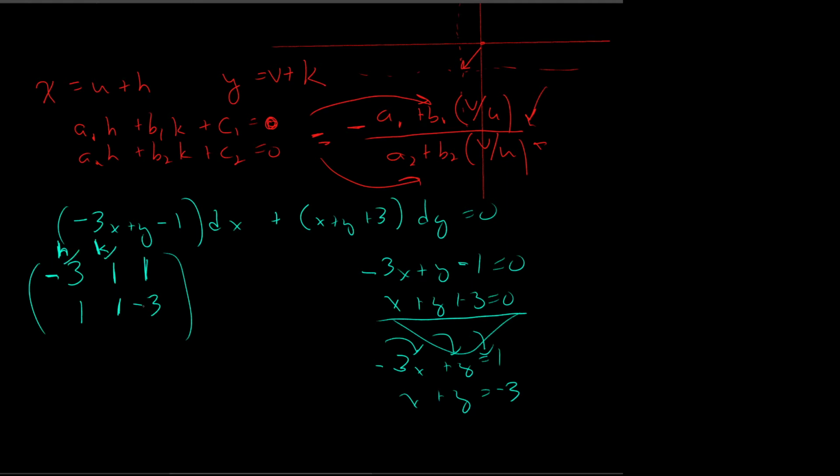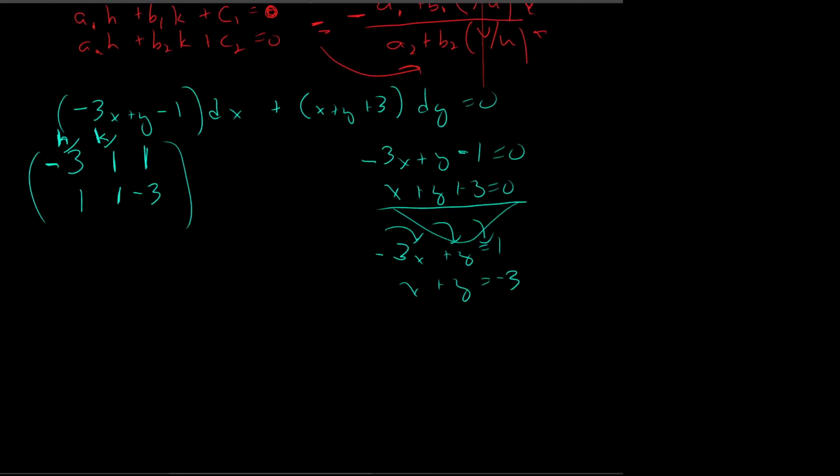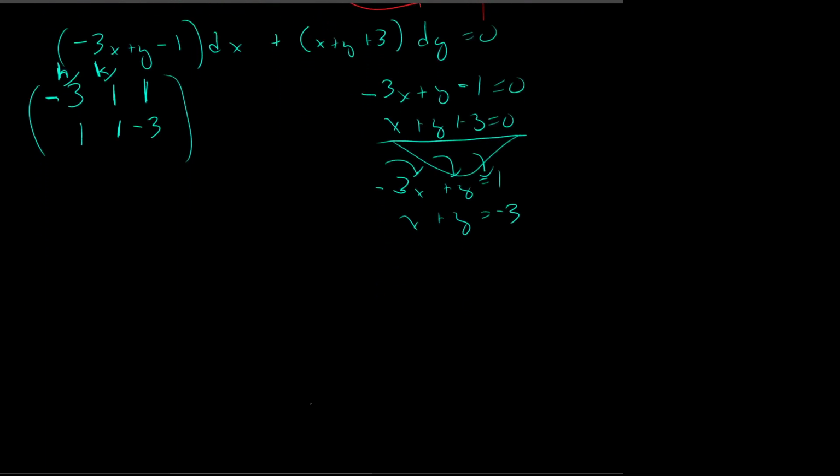And so h and k come through the linear system. Now I could solve this linear system through elimination or other means, but linear algebra is taught in college algebra and high school algebra for a reason, and that reason is it gets us through these systems rather quickly. So I'm going to swap my rows. I'm going to put this row up top since I'm free to do a row swap.